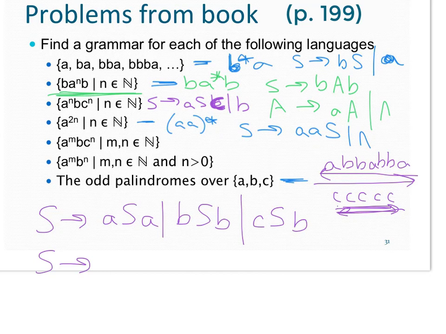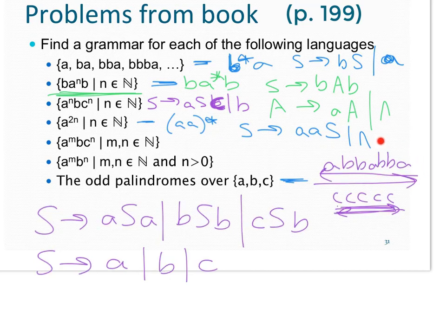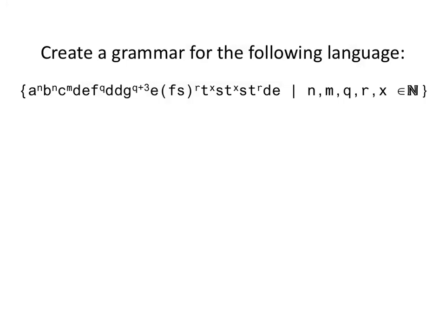And once we've done a bunch of bubbling, we can put in the middle an A or a B or a C. So what I want you to try and do is take these two palindromes and make up a few more and confirm that what I've written here actually works. If you derive a few of these, I think you'll see how this works, and it'll give you a better feel for this bubbling out that I'm talking about.